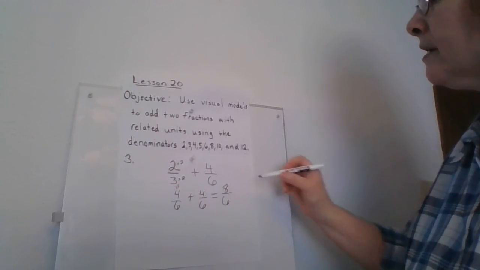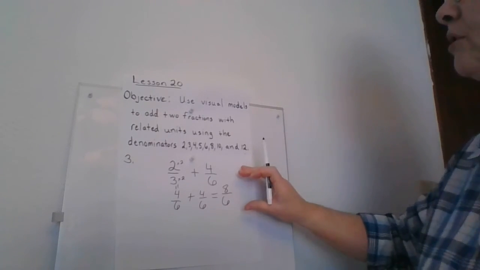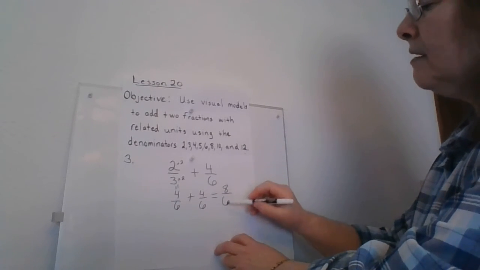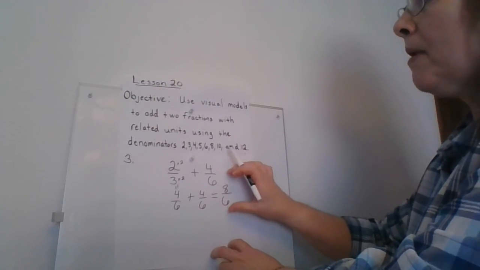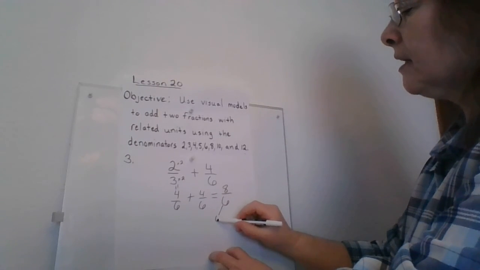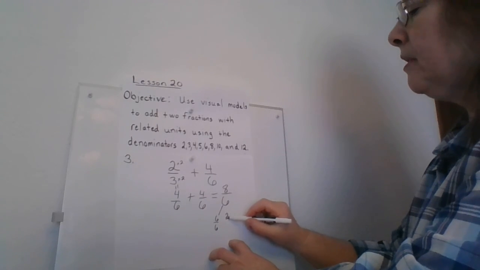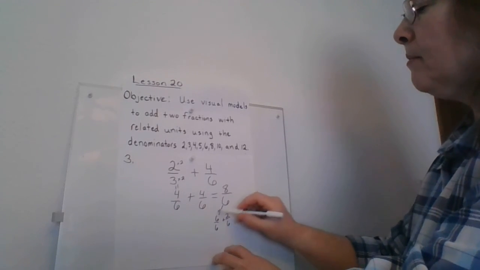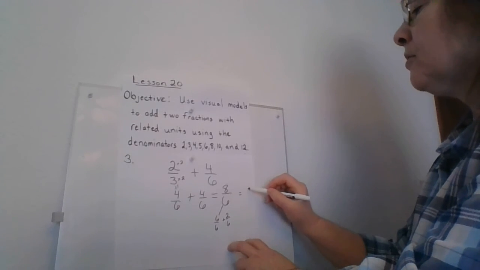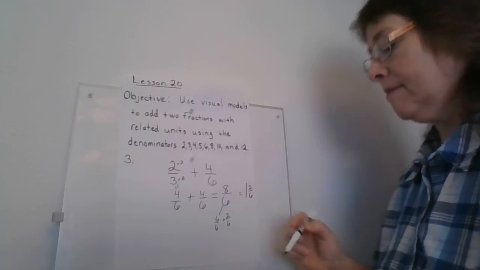And remember that since 8/6 is improper, we should always simplify it, which just means take this apart, break it down. I could take 6/6 out of it, which leaves me with 2/6. Remember, both of these still add up to the 8/6, but now my answer turns out to be 1 and 2/6.